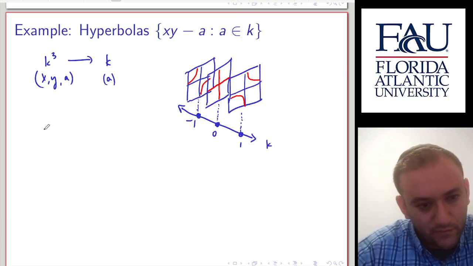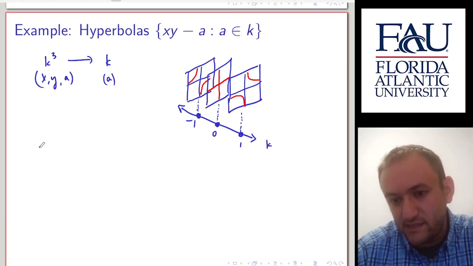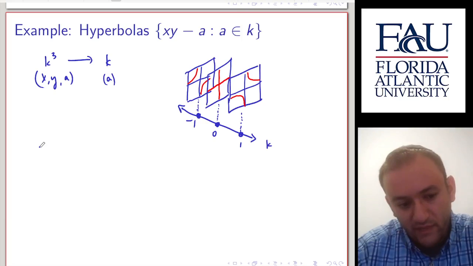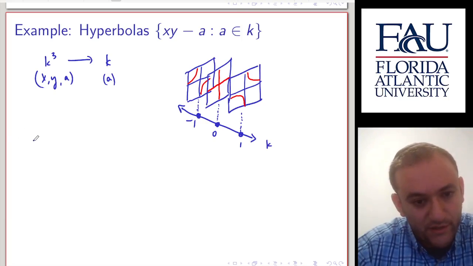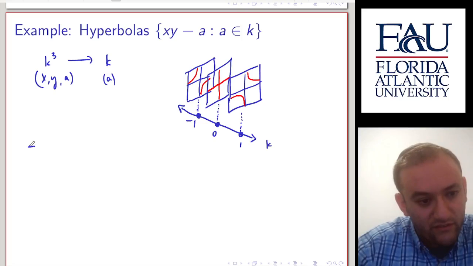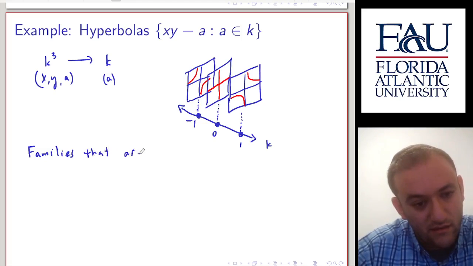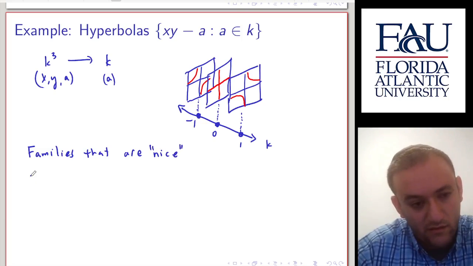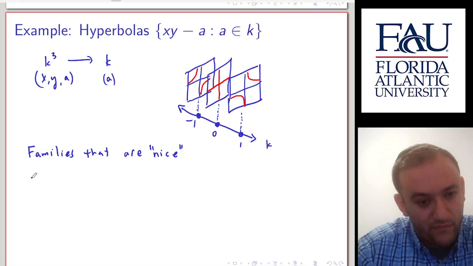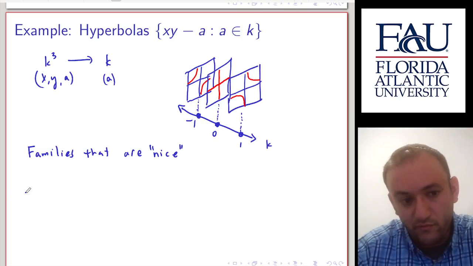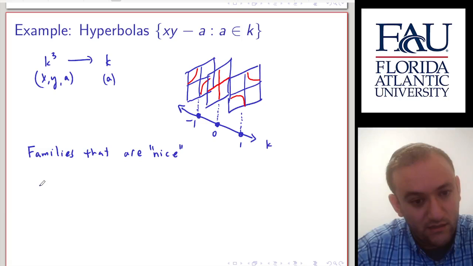And this is characterized by the flatness property. So having families that are nice, this corresponds to flatness in terms of what?